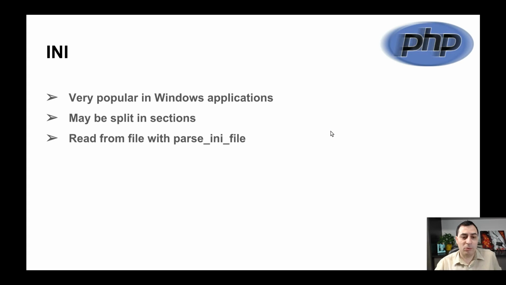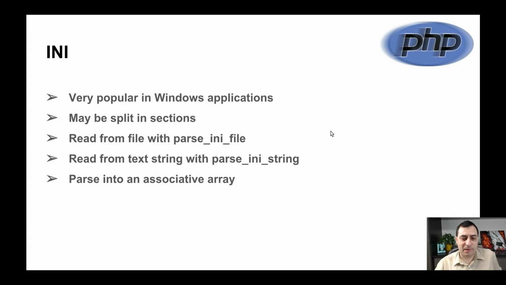In PHP, you can use the parse_ini_file function to read the INI file configuration that you may have. You can also use the parse_ini_string if you have the configuration already loaded in a text string.